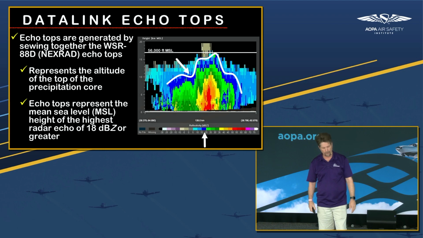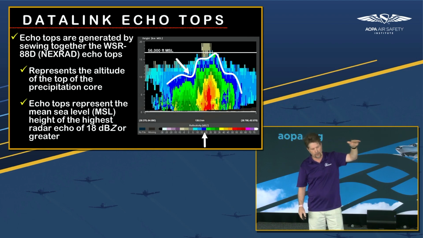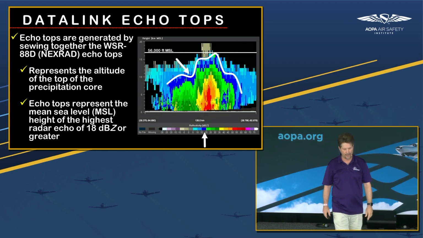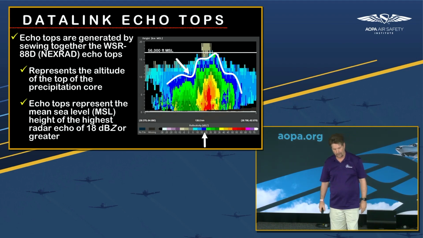Well, basically they're looking for the 18 dBZ level, the highest point where that occurs. That would be the EchoTop. And you can kind of see I've loosely, for this particular cell, which is a cross section, outlined where the top of that core will be. It's the height that's shown in there. I've shown it's 56,000 feet for the height of that EchoTop cell itself.